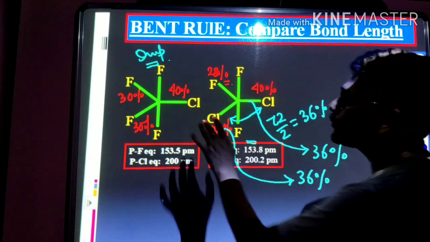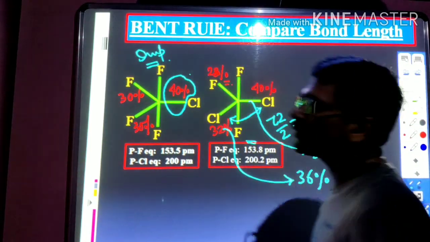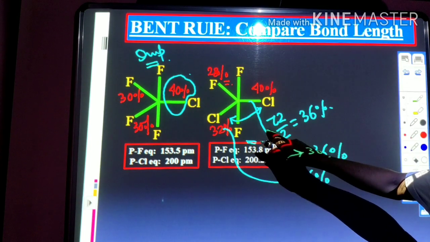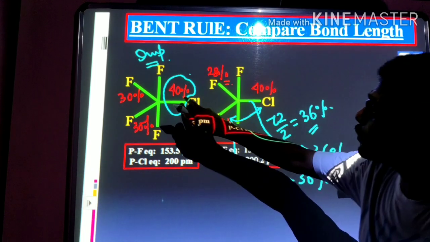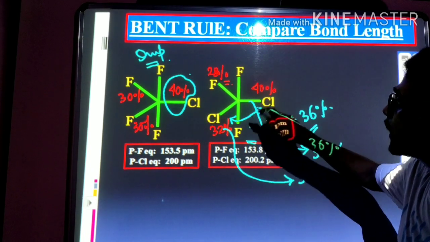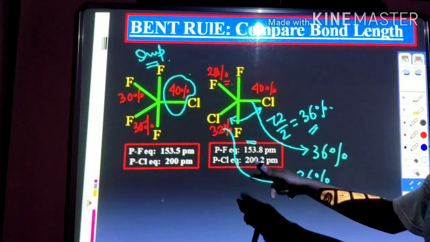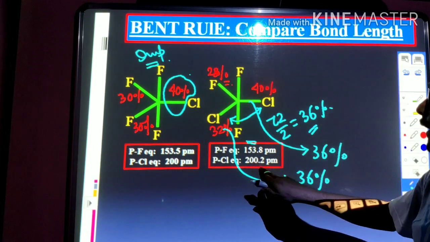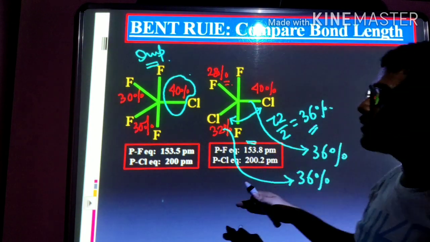Now here the percentage of S character is 40%. What will it be here? 36%, by the way. 36% means here also the average percentage of S character in the PCl bond decreased. If it is decreased, means bond length will increase. So here also 200 picometer will increase to 200.2 picometer. Okay, right?